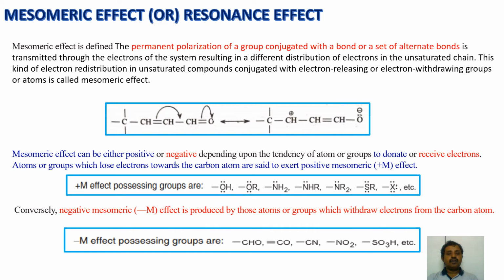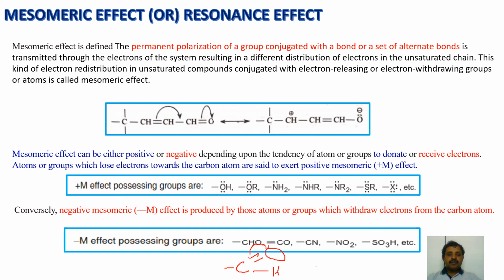Here you can see CHO as C double bond O H. Carbon and oxygen have a double bond. So whenever the cleavage is taking place, the pi bond will be attracted towards the oxygen.